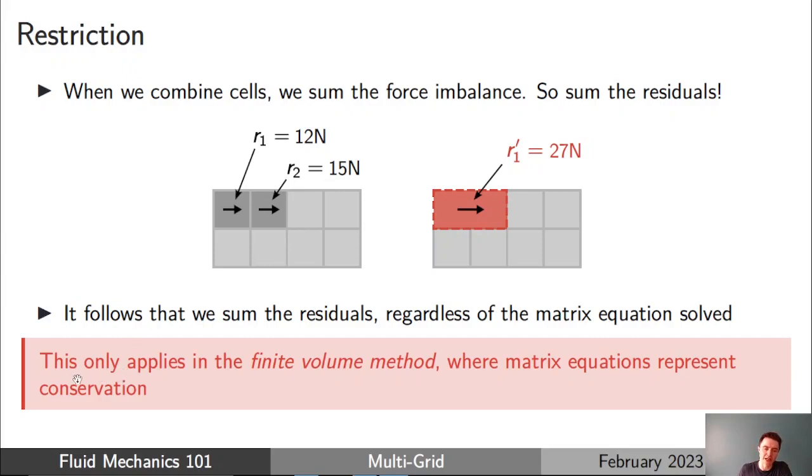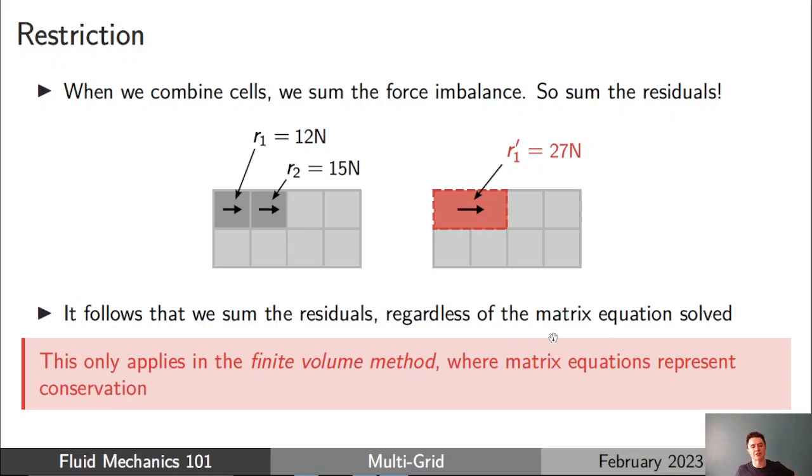And I wanted to make the very important side point that this process of restriction, where we sum the residuals, only applies in the finite volume method, and that's because in the finite volume method, the matrix equations physically represent conservation laws for different quantities. This is slightly different to the finite difference method or the finite element method. When you do agglomeration in those 2 methods, you may have to do a different approach for restricting the residuals.